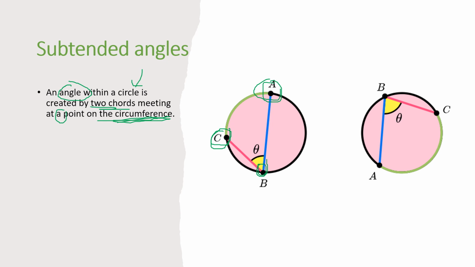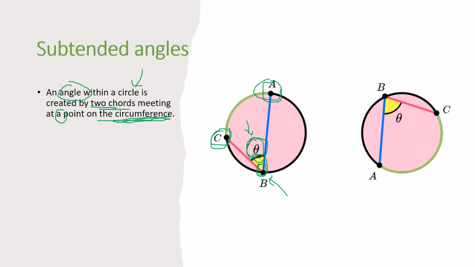These two chords AB and CB are meeting at point B, which is on the circumference of the circle. Because they are meeting at a point, they are forming an angle, which let's call theta. This angle we call a subtended angle.